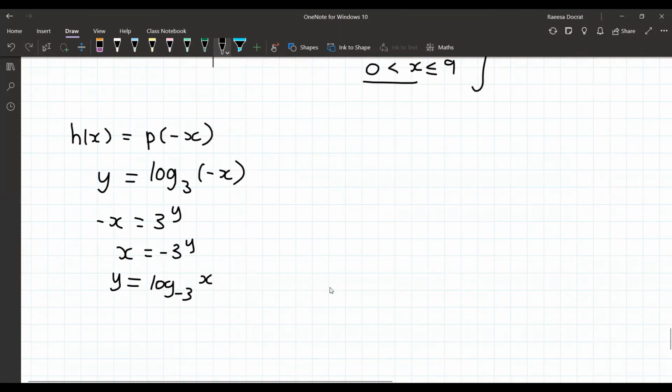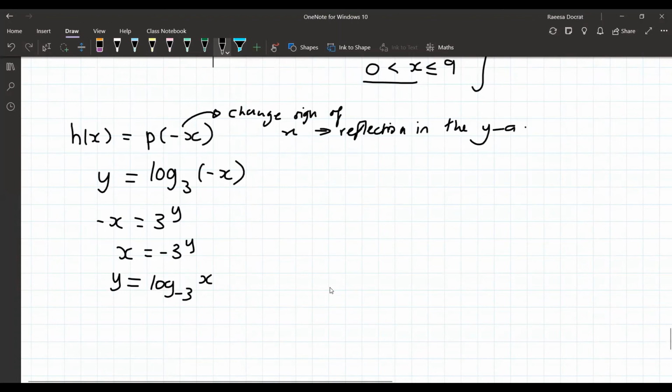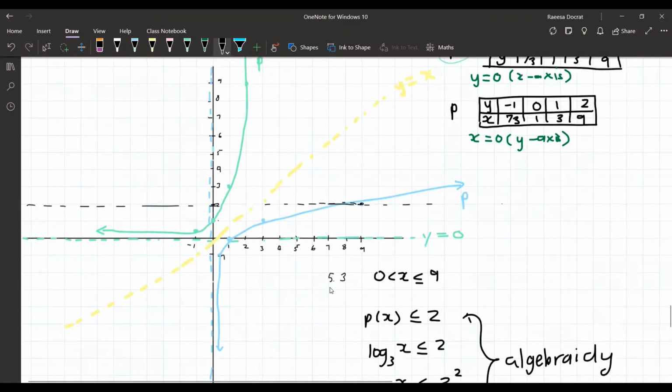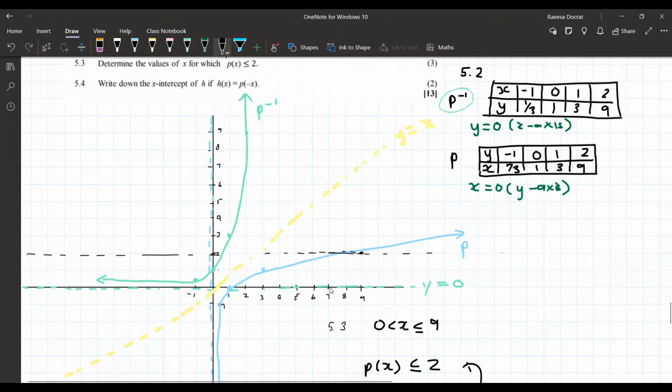But basically what we've done was change the sign of x. So that means that it's a reflection in the y-axis. So the y-axis is the mirror. So here we have the y-axis. It's the mirror of p of x.